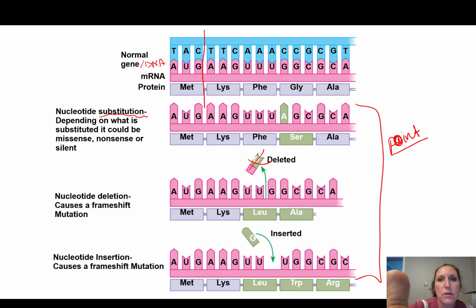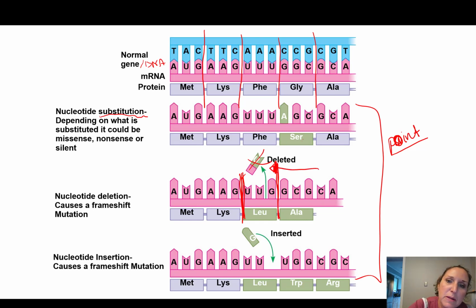So this is one codon, one codon, one codon, one codon. If I take out this U, then this is now my codon. And so the entire rest of the mRNA has been shifted by one nucleotide.